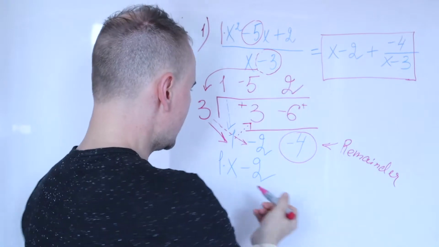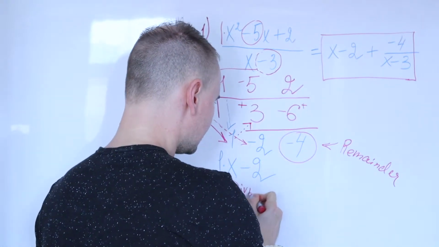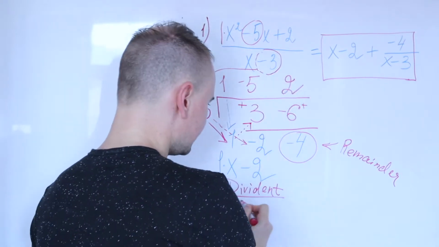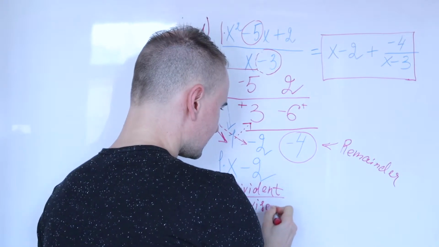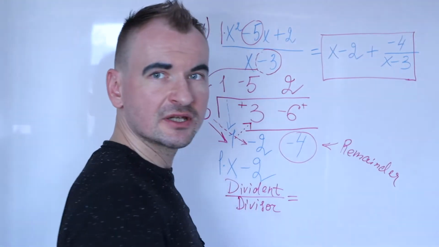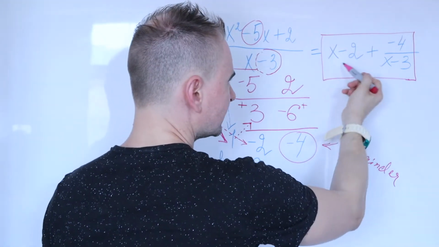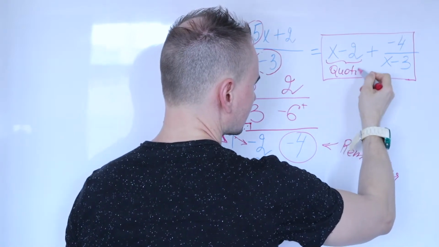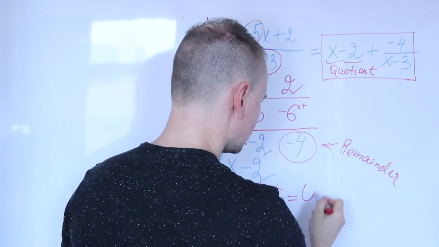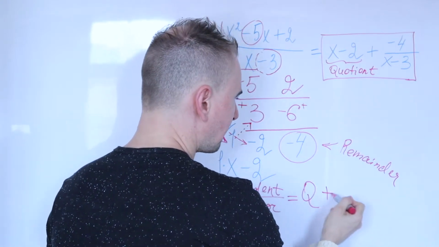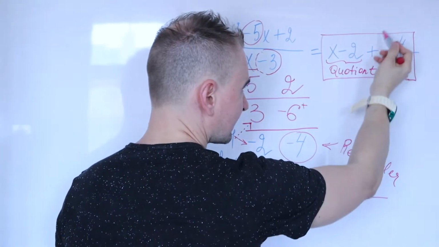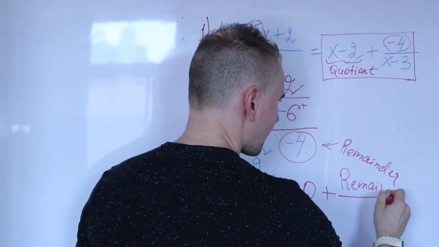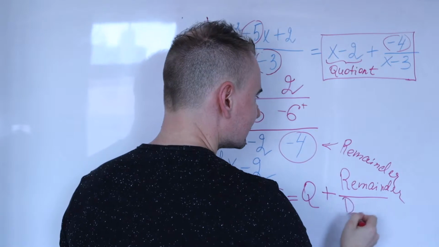So generally your dividend polynomial over divisor is equal to quotient plus remainder on top over divisor.